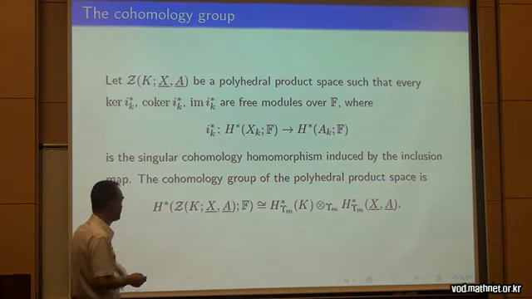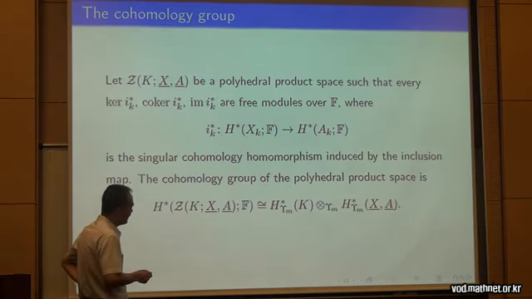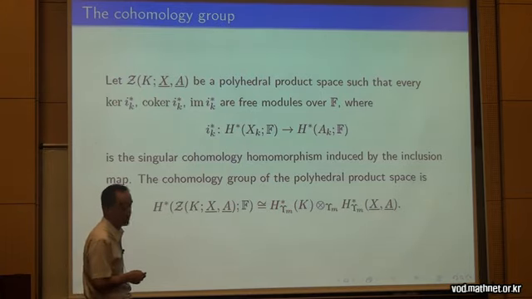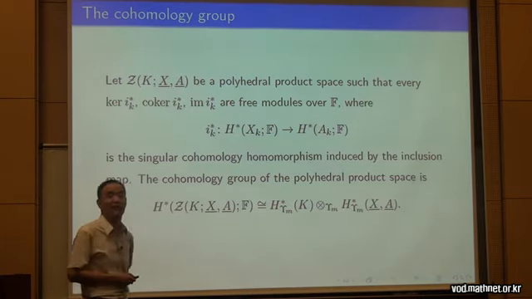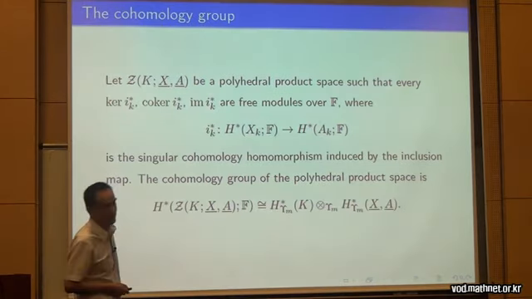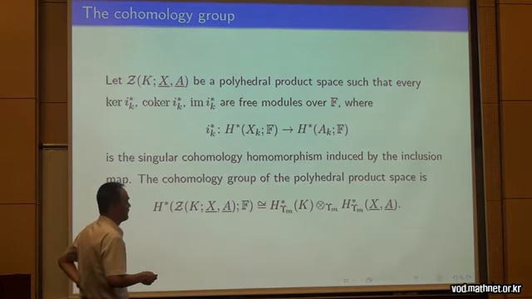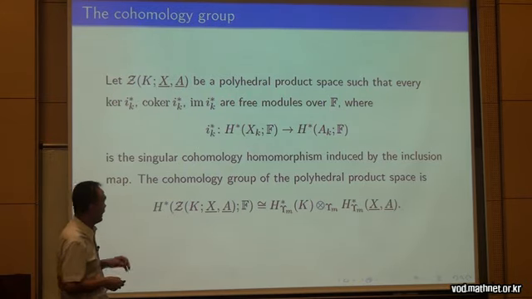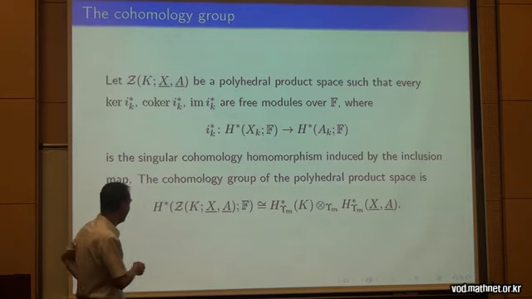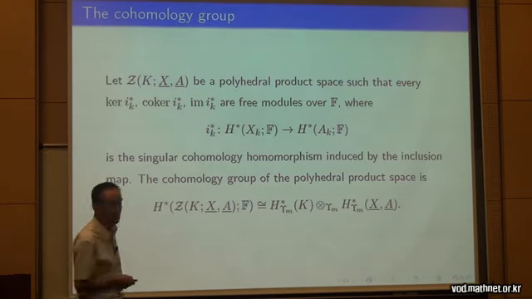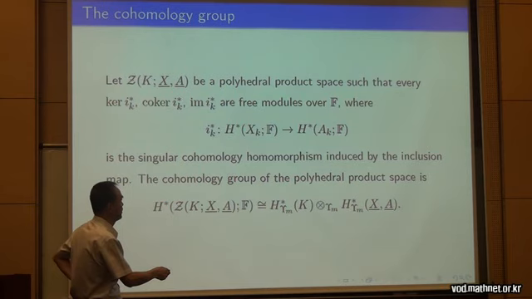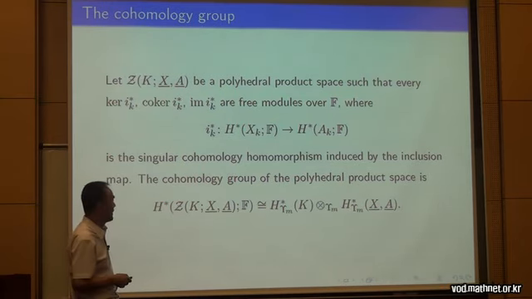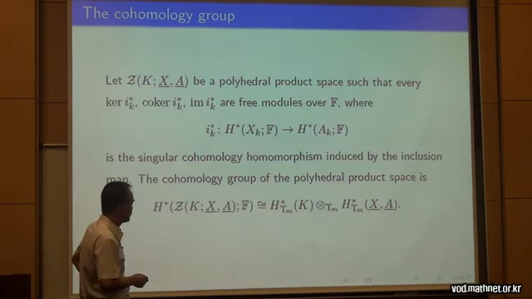If this has an algebra structure, and this group also has an algebra structure, then we have a very natural definition of the diagonal tensor product of algebras. If we could define this, then is this cohomology algebra isomorphic to the diagonal tensor product of these two algebras? This is true.